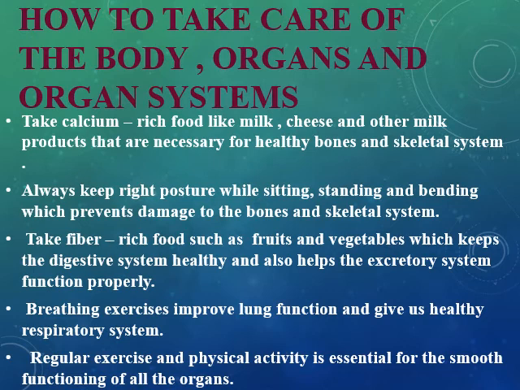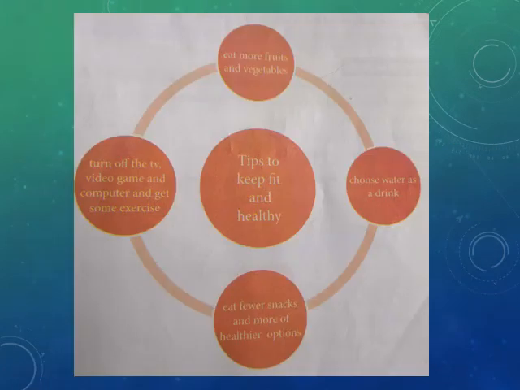Understood? So here we learned about how to take care of our body, organs and organ system. See children, you have been given some tips that will help you to keep fit and healthy.